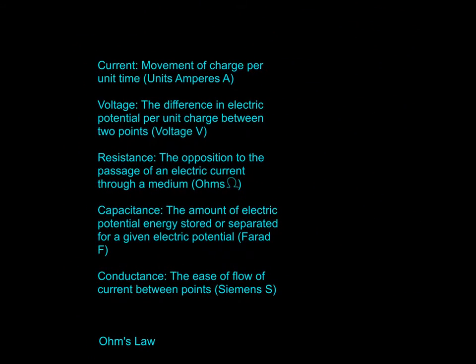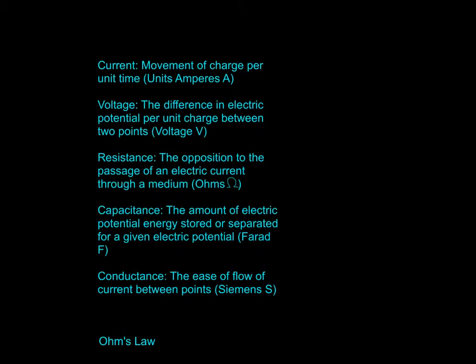So moving on to a bunch of definitions. Current is equal to the movement of charge per unit of time. For example, the current of sodium ions coming into a neuron, that's current, and the units are measured in amperes, which stands for an A. Voltage, the difference in electric potential per unit charge between 2 points.